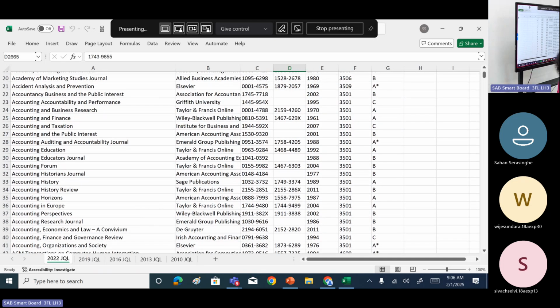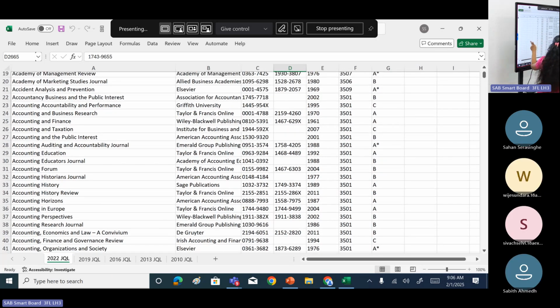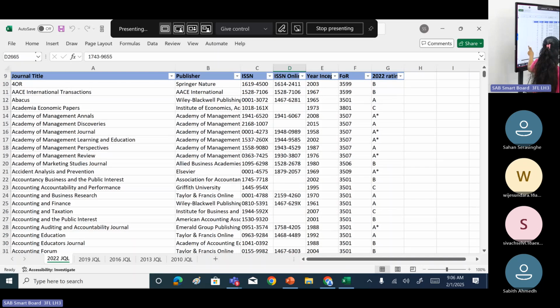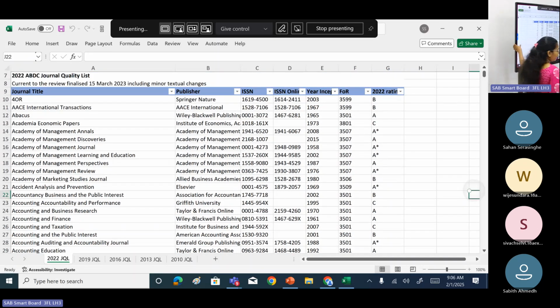These councils confirm whether a journal has a good rank or not: A plus, A, A minus, then B and C. So they are ranking it. Even though this is a 2021 list, the same ranking list applies up to 2024 also.